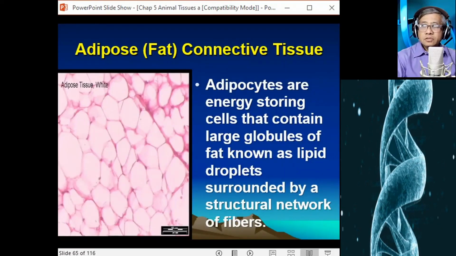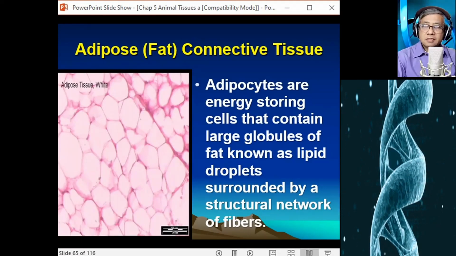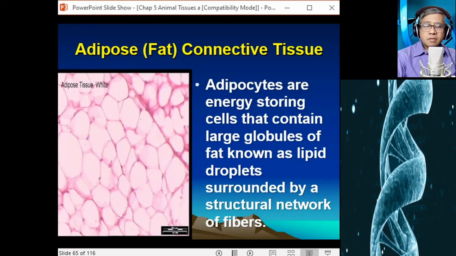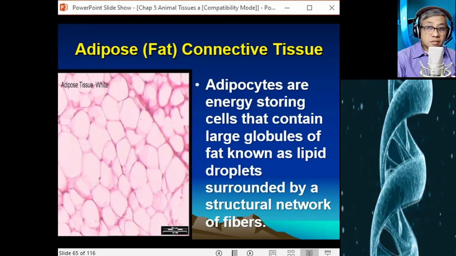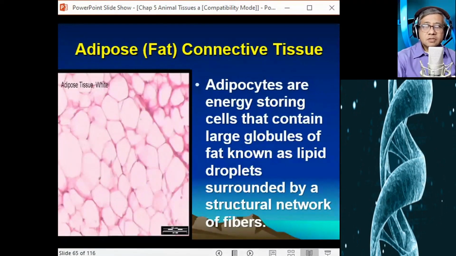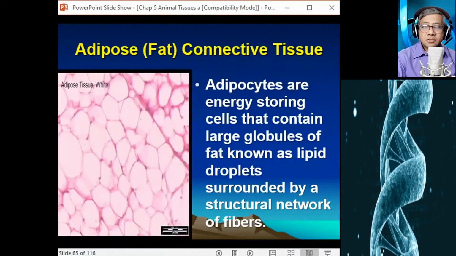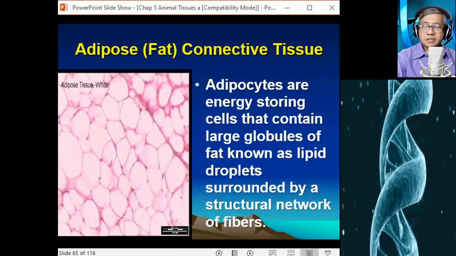These globules contain lipid droplets or triglycerides, and they are surrounded by a structural network of fibers. So the adipocytes contain these large vesicles that store large globules of triglycerides or lipid droplets.